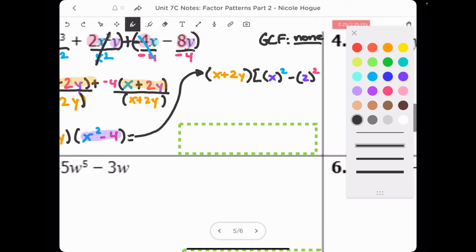Now that we have that, we can rewrite it as x plus 2y times the sum of x and 2 and the difference of x and 2: x plus 2 times x minus 2. And that is your factor.